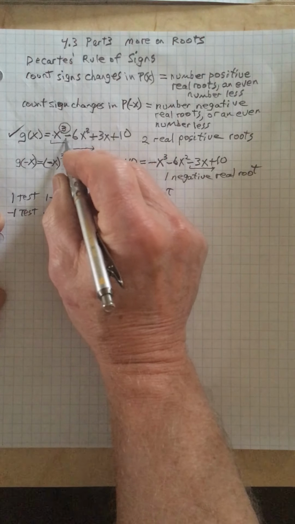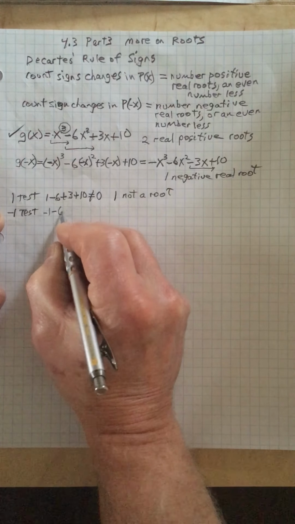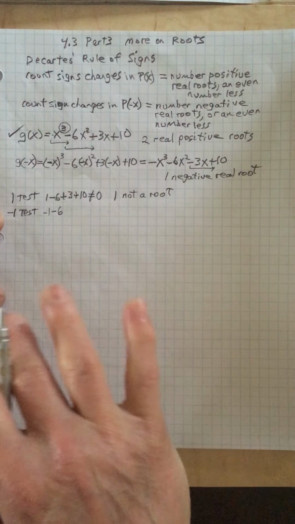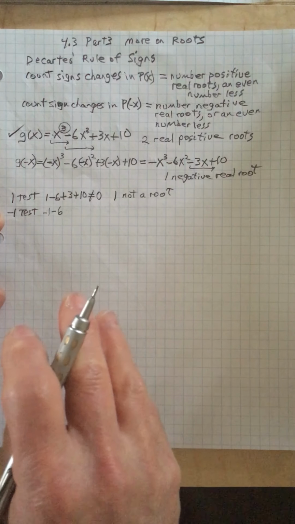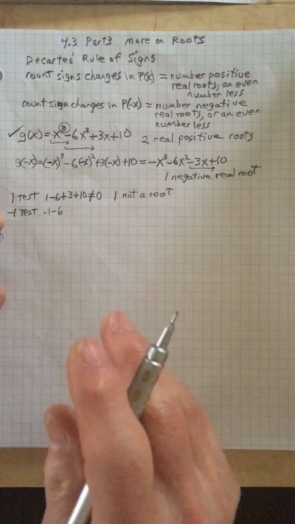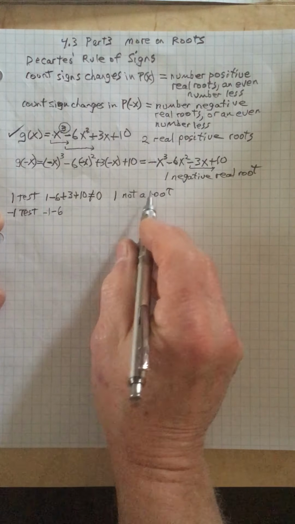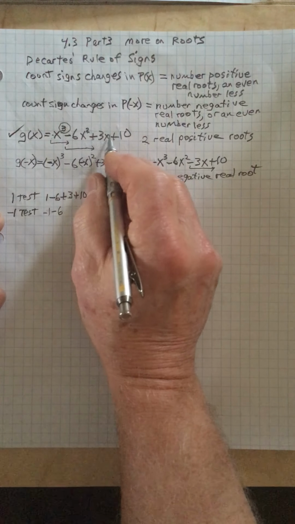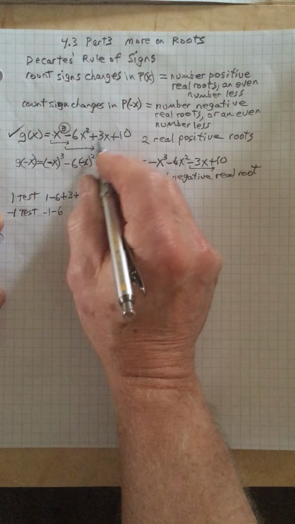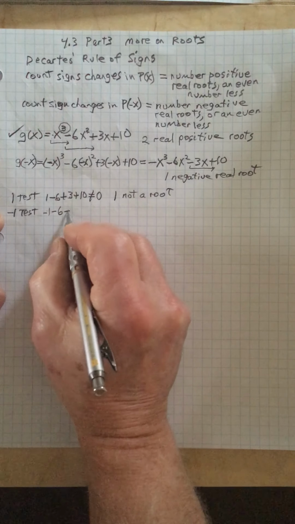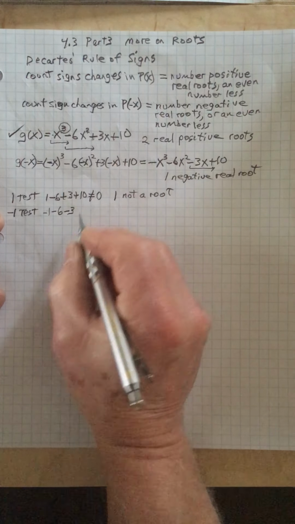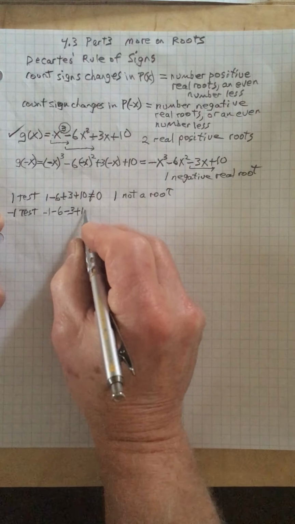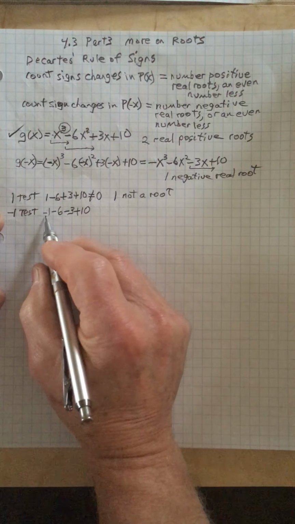That's an even degree, doesn't change. So we're just changing the sign of the coefficient on the odd degreed terms. Still doing the same thing otherwise. That's x to the 1, so instead of +3, that's a -3. And for the constant, nothing happens.